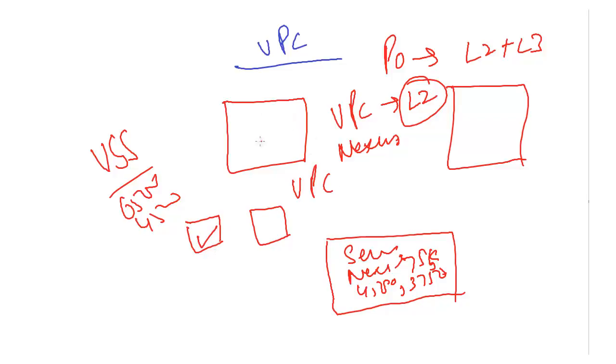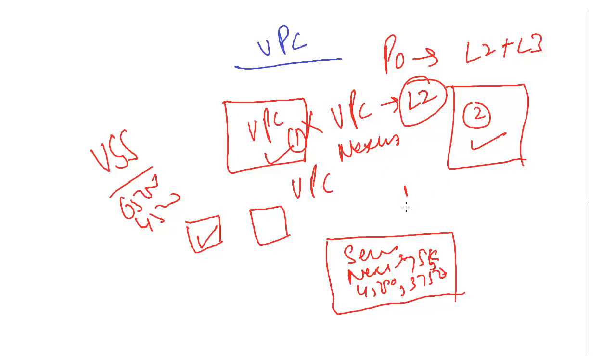But in the case of vPC, you have to configure this feature manually on both, and these work individually. You need to know it. It is not like you are managing this device from one. You have to configure vPC, and it is only for port channeling. That's it. Only for port channeling. You need to remember it.